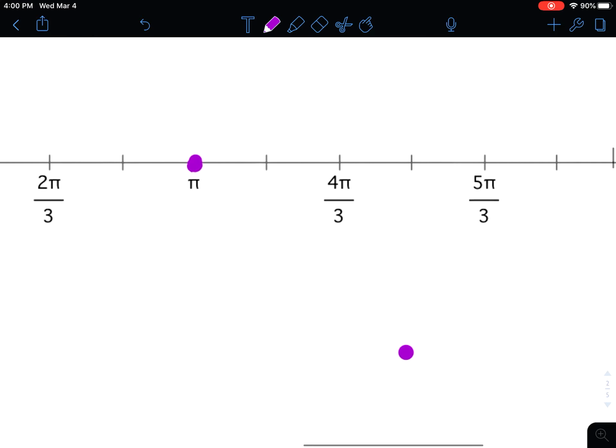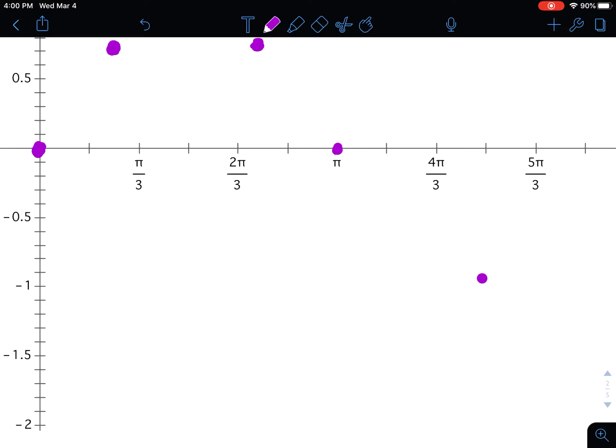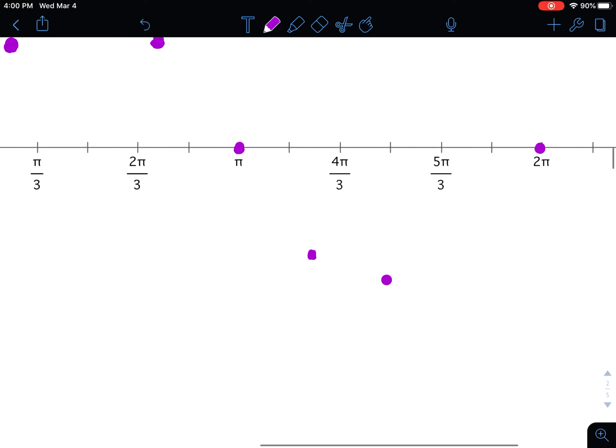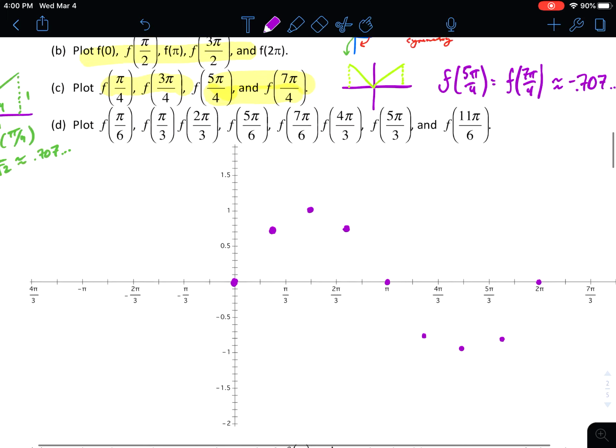So we can drop those in as well. So here is going to be about that value for 5 pi over 4, so that'll be down to negative 0.707. Same is true for 7 pi over 4. You can already see a shape beginning to emerge, which is pretty cool.